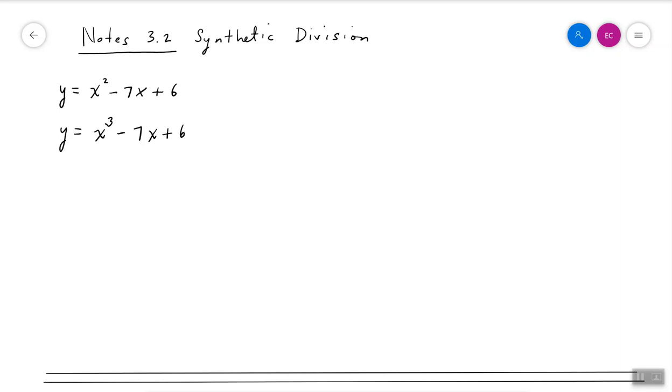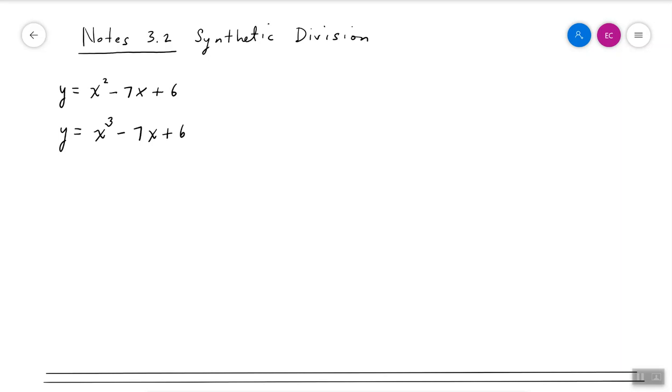In section 3.4, we're going to graph the cubic polynomial. In section 3.3, we're going to find the x-intercepts for the cubic polynomial. And before we do either of those, we need to learn a technique called synthetic division.